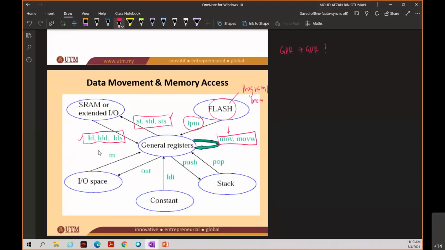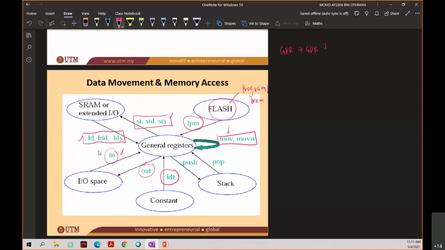Then, to move data from GPR to IO registers, you can use the IN and OUT instructions. For the IO registers, we need to use the IO addresses in order to use these IN and OUT instructions. And if you have a constant value, or a value from outside of your CPU, you can use the LDI instruction to load it to your general purpose register.